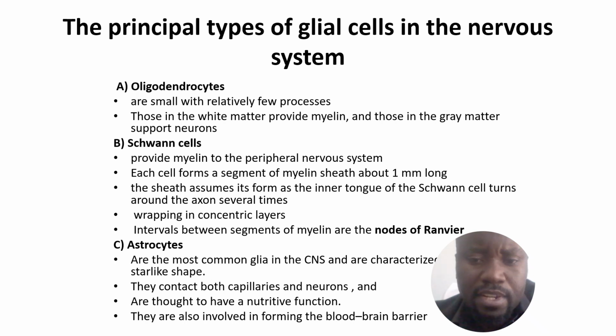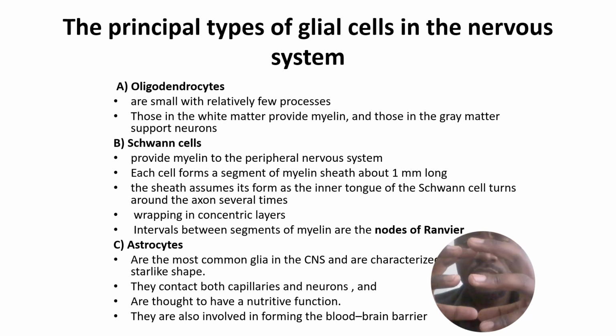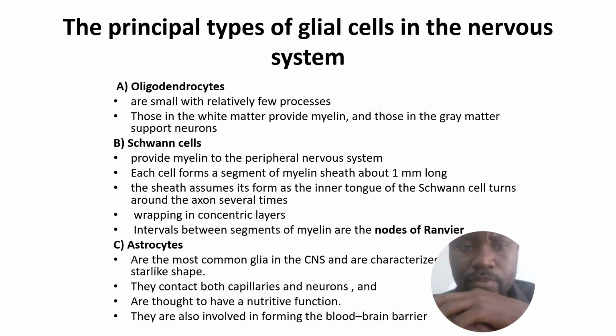The support cells that are found in nerve tissue support in different ways. Because they provide support, literally they are called glue cells, as they are the ones that glue the functionality of nerve tissue together. So oligodendrocytes, as the first example, together with Schwann cells, produce myelination for nerve tissue. So they provide myelin for axons of neurons.